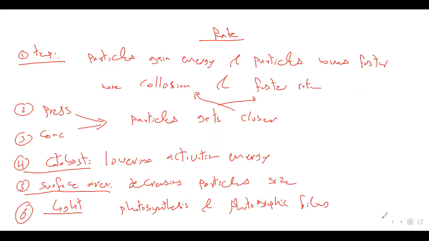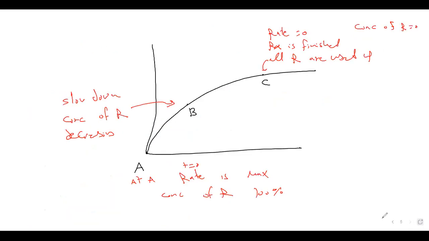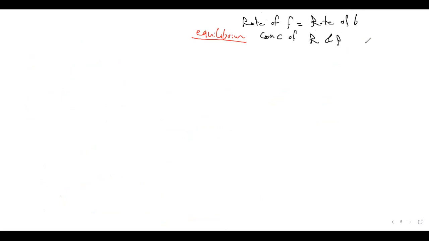For equilibrium, factors affecting equilibrium. What's meant by equilibrium? Rate of forward reaction equals rate of backward reaction, and concentration of reactants and products is still constant, not equal, just constant or not changed.